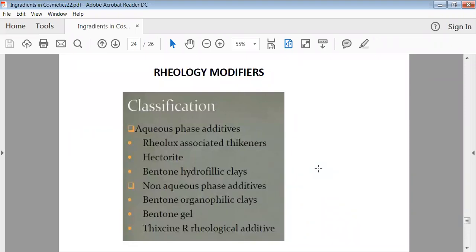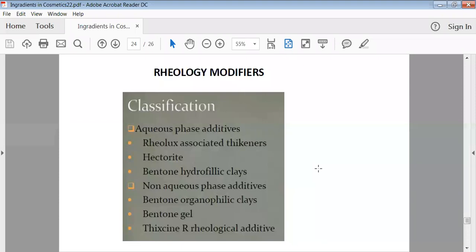So there are many preparations in which we require rheology as well as viscosity modifying agents. The classification is aqueous phase additives or non-aqueous phase additives, or water soluble viscosity enhancers and water insoluble viscosity enhancers.